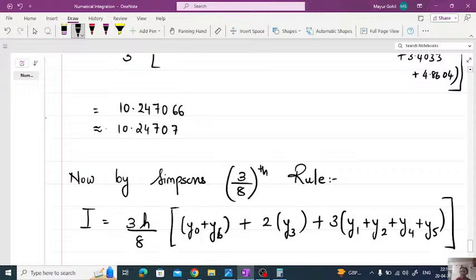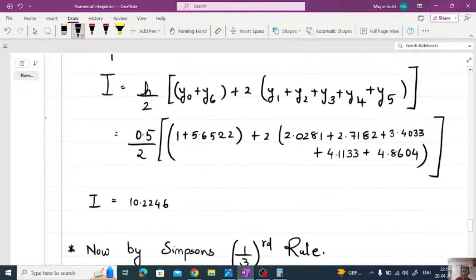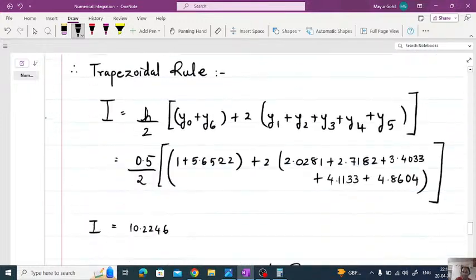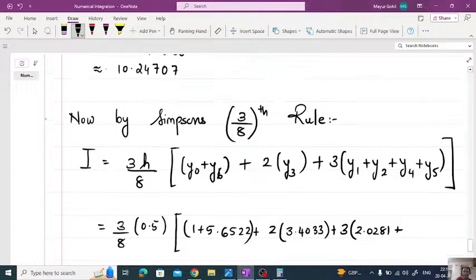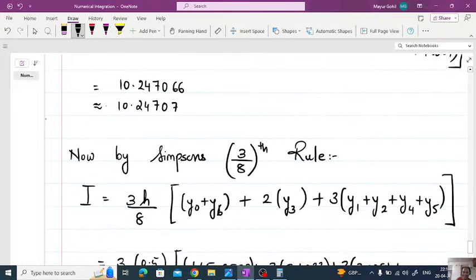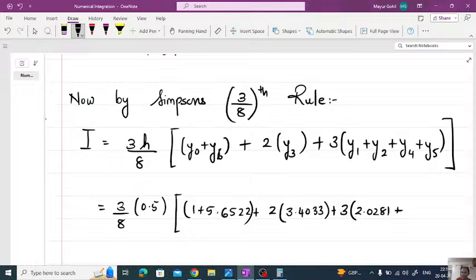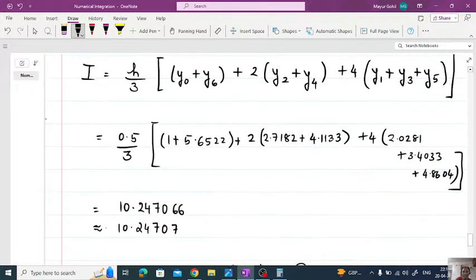On adding them up here you will get y1 is 2.0281, plus y2 is 2.7182. Here it is y4. Y4 is how much?